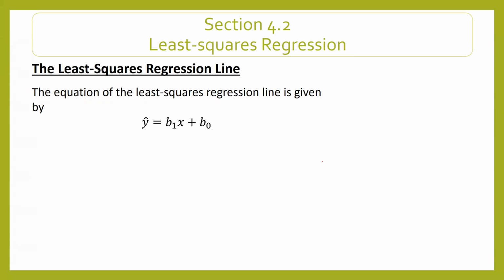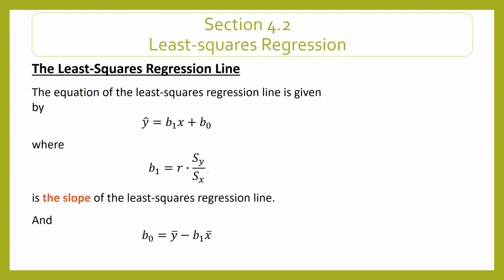The equation of the least square regression line is given by this: y hat equals b1 x plus b0. What is b1? b1 is r, the correlation coefficient, times the standard deviation of y over the standard deviation of x. And of course, the way this is written, b1 is the slope of the least square regression line.